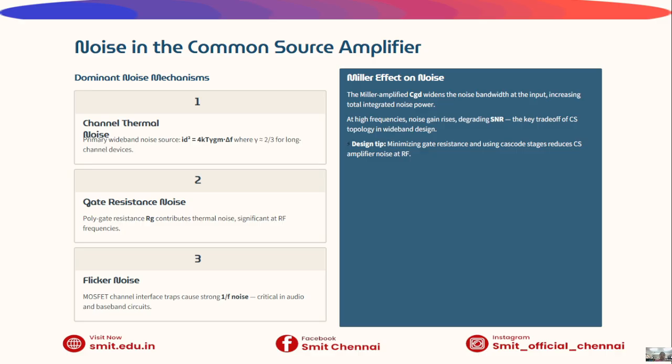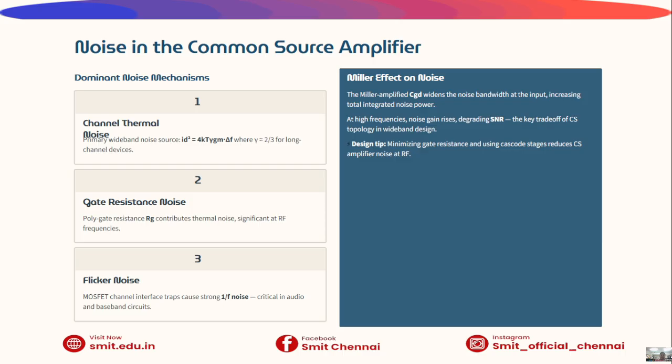Next, we see the noise in the common source amplifier. The common source amplifier experiences several noise sources. Channel thermal noise is usually the dominant source and originates from carrier motion within the MOSFET channel. Gate resistance also contributes thermal noise, especially at radio frequencies.